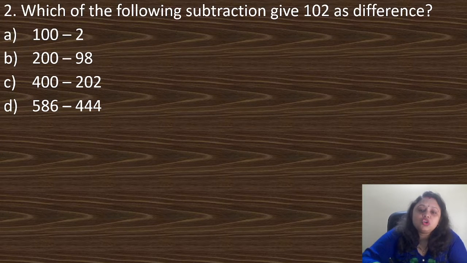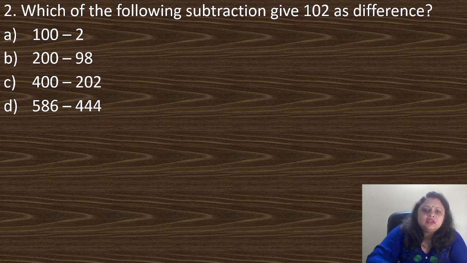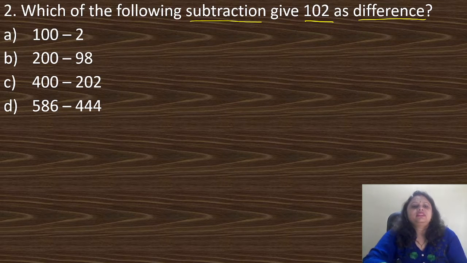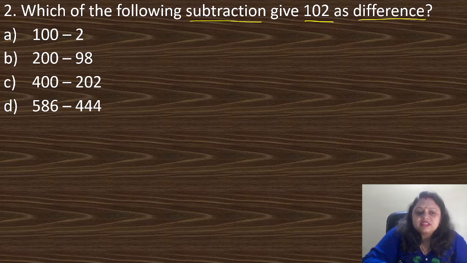Which of the following subtractions gives 102 as the difference? Here four options are given, and we have to calculate these options and find out among these subtractions where we are getting 102 as the difference.